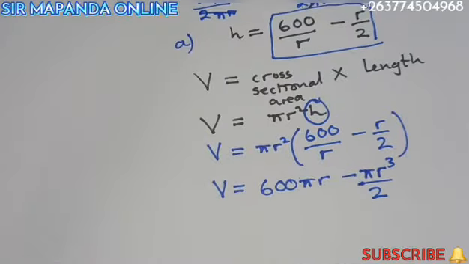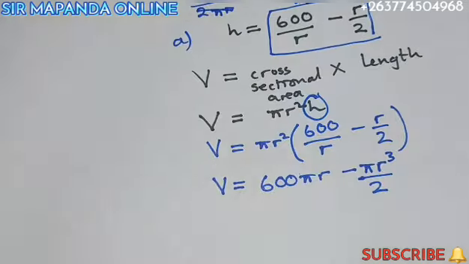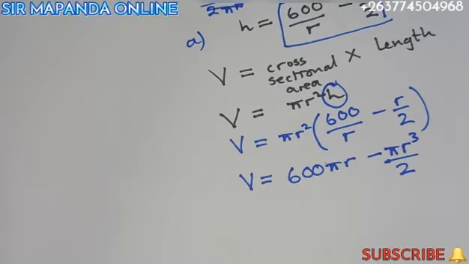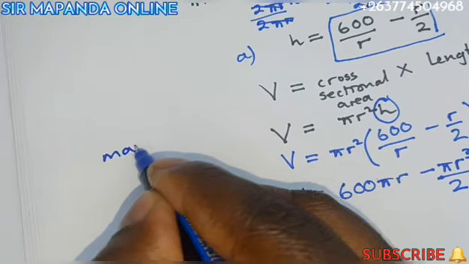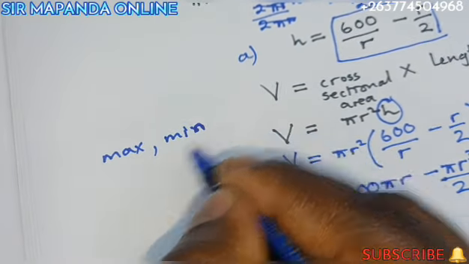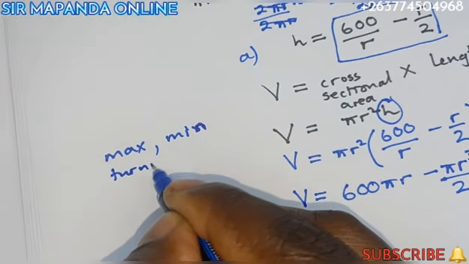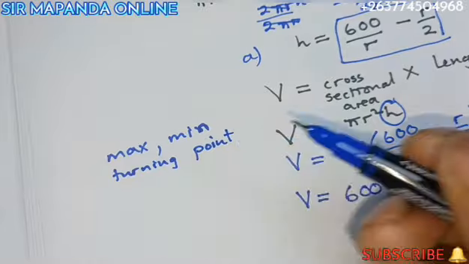Then we move on to part C of the question. Find the value of r for which V is a stationary point. Whenever you hear the word stationary, stationary is a turning point, representing a maximum or minimum value. I hope you are following.